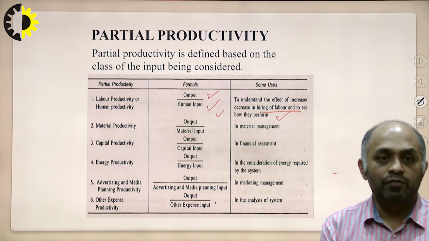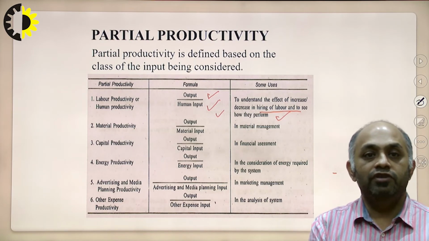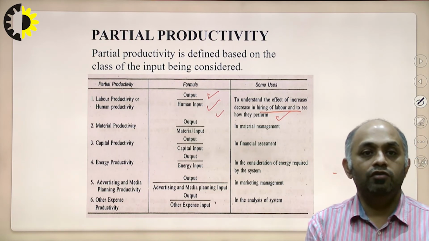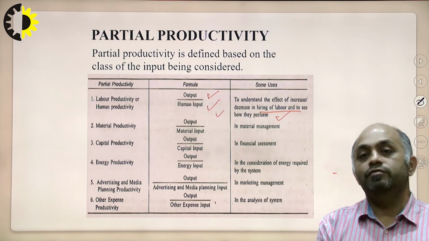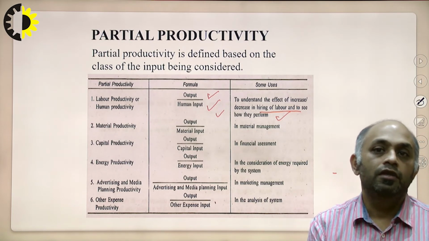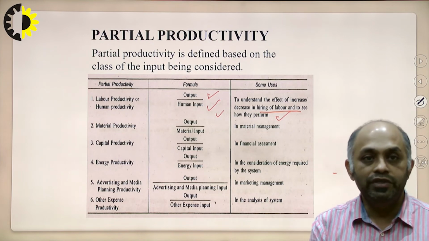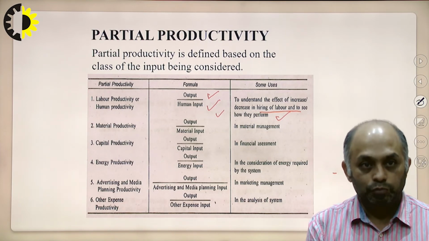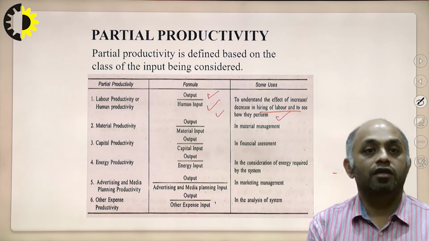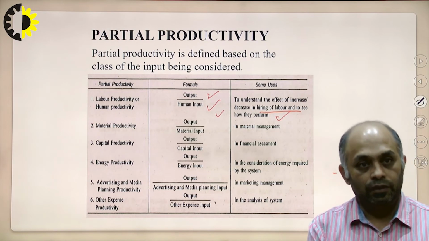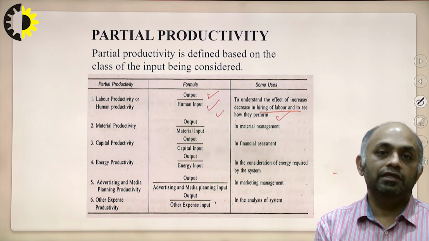When I talk about capital productivity, it is output by capital input. It is the financial assessment. In material productivity, material management talks about the negotiations that we do and the vendor selection procedures that we do, because we have to see to it that the cost of the product is fairly standard, and the quality of the product is also not going down due to the cost aspect, because we always bargain with the cost and we basically compromise on the quality.